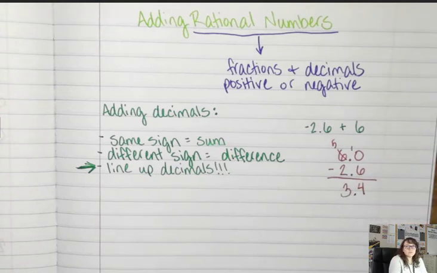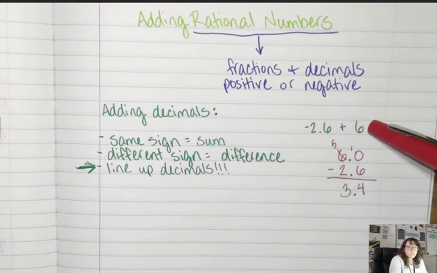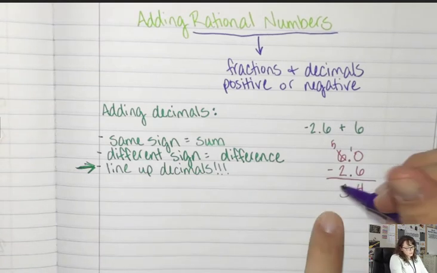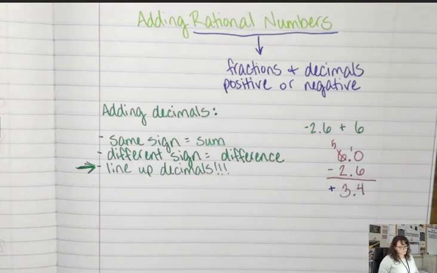So that's 3.4. Which one's bigger? Positive team or negative team? The positive team is the bigger team, so I have a positive answer.